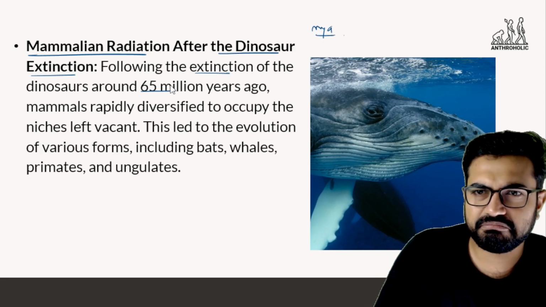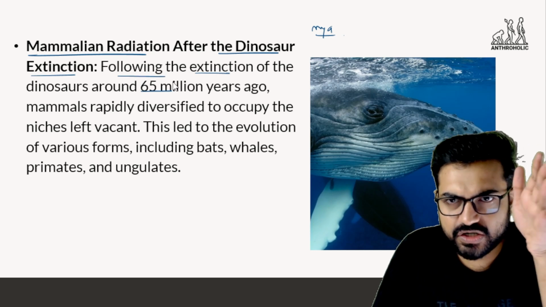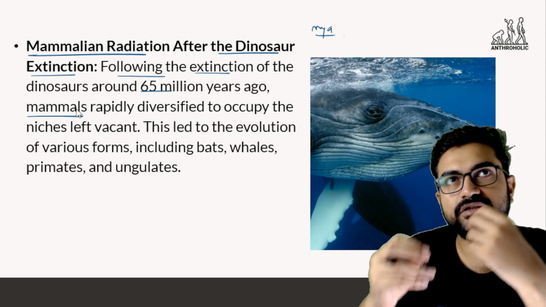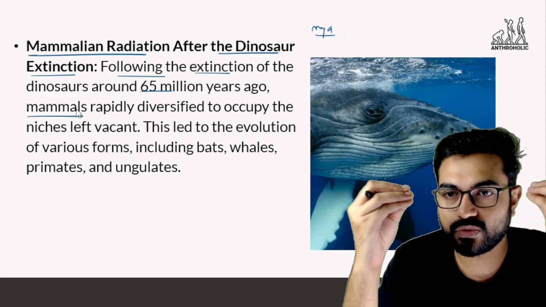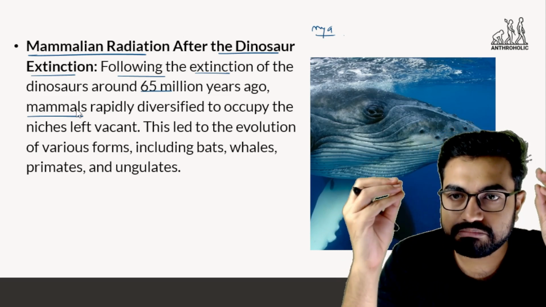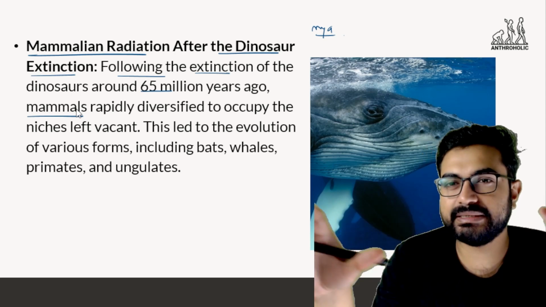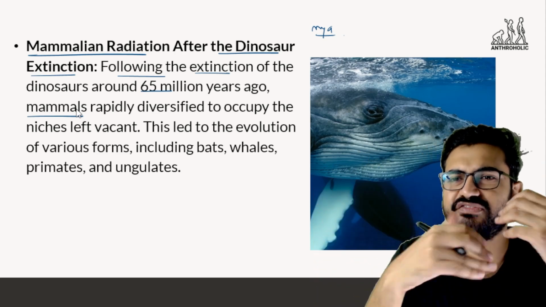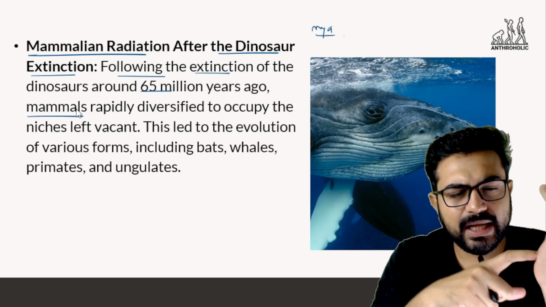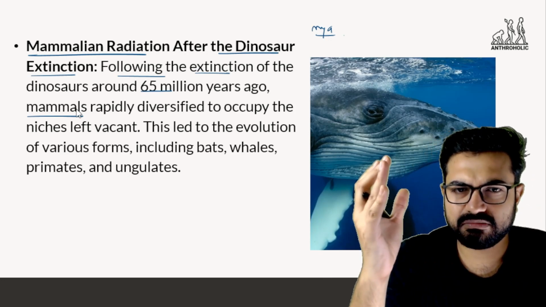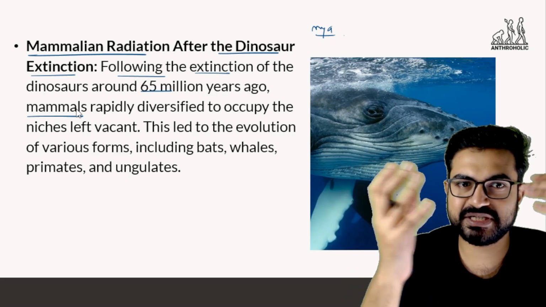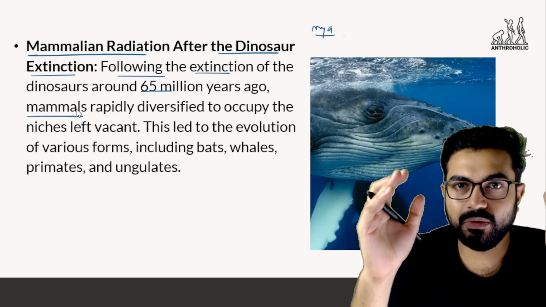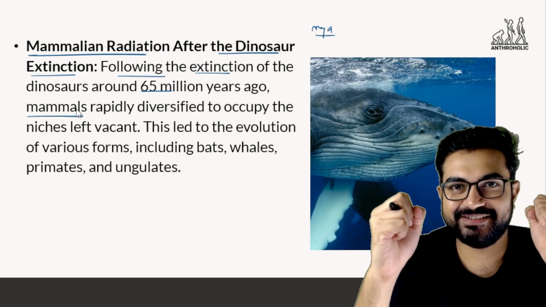Following this extinction, mammals started taking over, because the age of reptiles was there in the story of evolution, and dinosaurs dominated the land and were the major predators. Once dinosaurs vanished from this planet, the major large species left were the mammals.